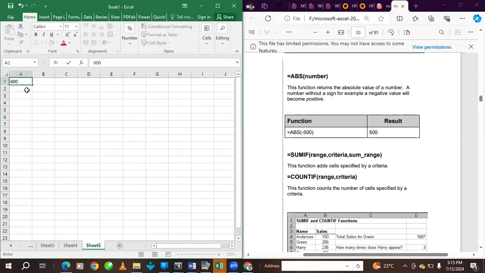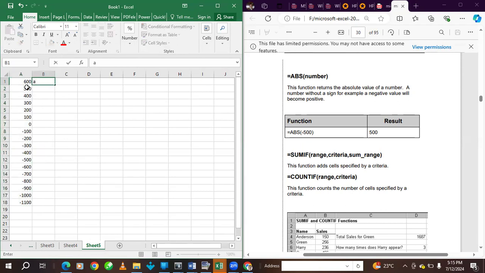So let us have 6. We have 500. So we want to find the absolute value for this one. Even the negative values, you can use it. So you just come and type what?